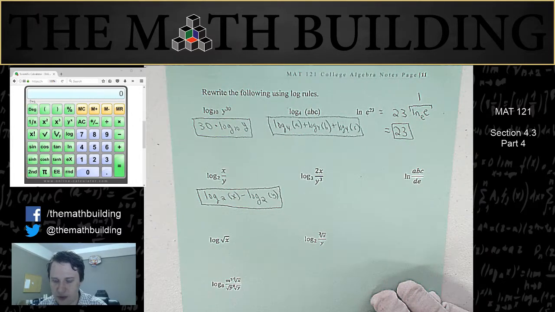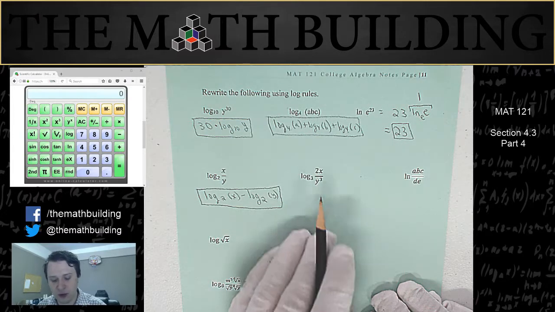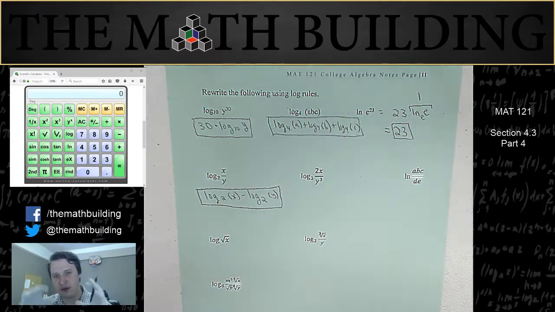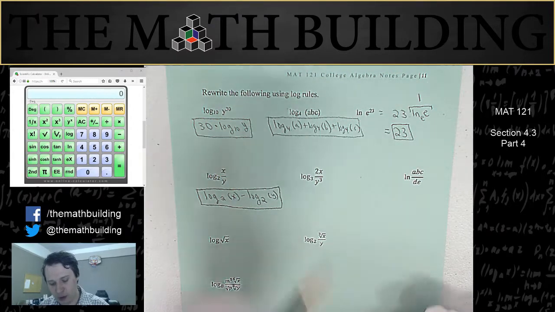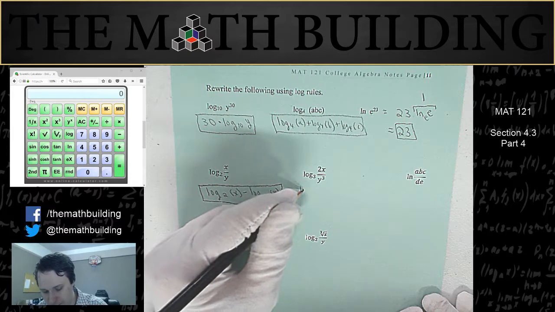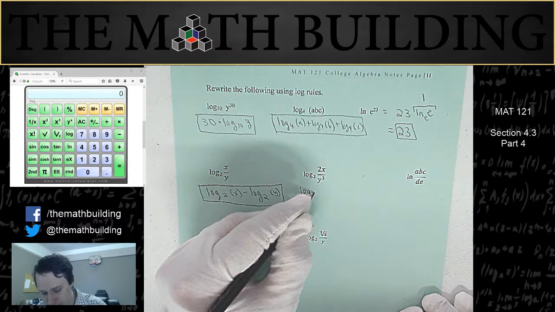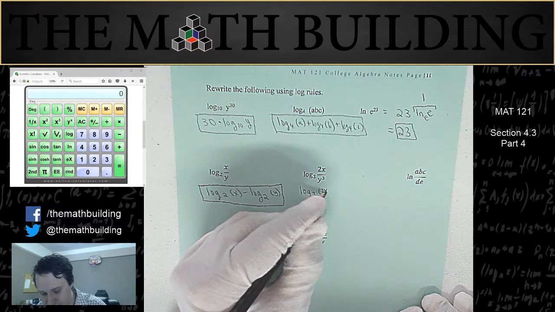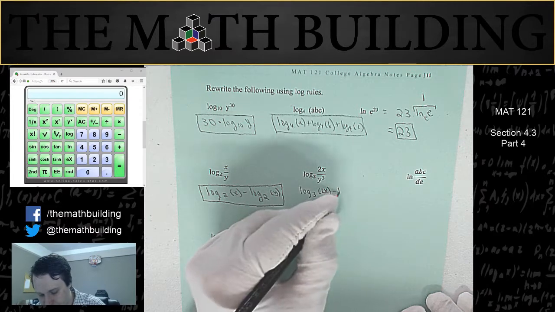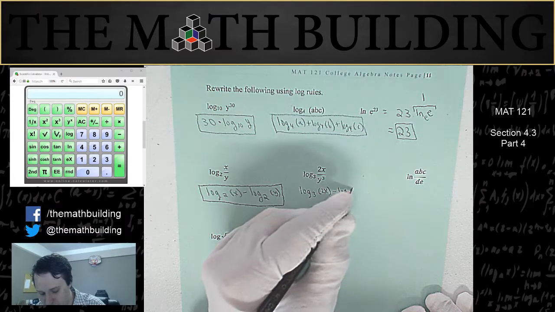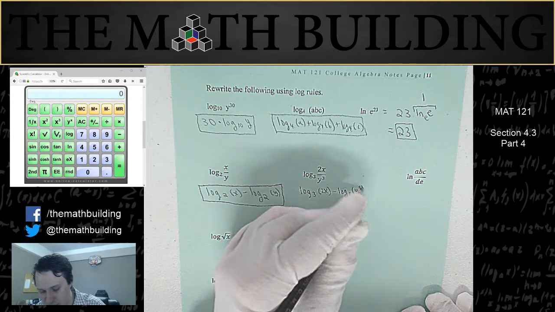All right, let's do the next one. We have log base 3 of 2x over y to the 3rd. This is a really important example because it's going to be more than one step. The first thing I would do is notice that the fraction is the big structure inside the problem, so I would start by using the fraction rule. Log base 3 of 2x minus log base 3 of y to the 3rd.